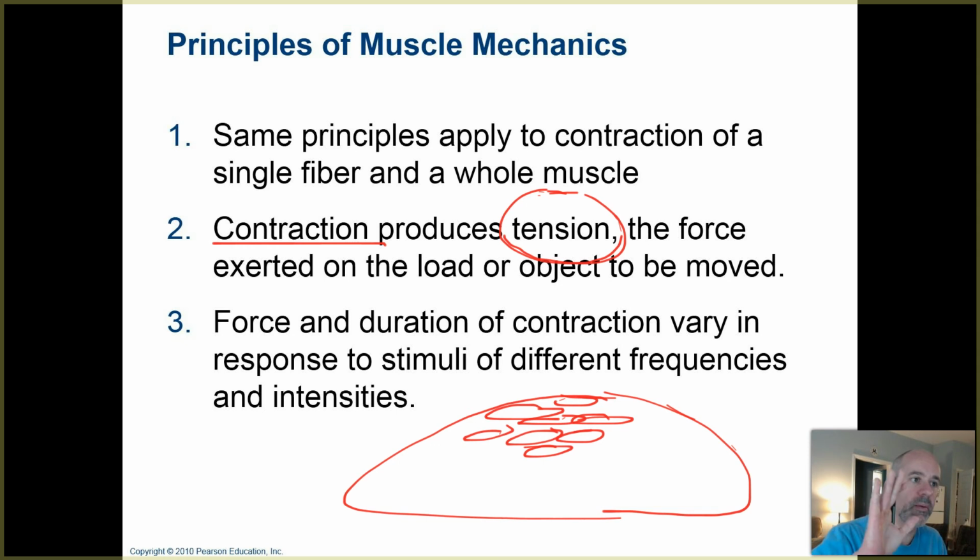So if you're using muscles that push, like your triceps muscles on the posterior side of the upper arm, as your triceps brachii muscles contract, the tension that they're generating is generating a force that you're using to push against something. Or let's say you were holding a dumbbell in your hand, your biceps brachii muscle in your upper arm contracts, and it's generating a force, which if that force is greater than the load that you're handling, then you're going to flex your elbow joint. You're going to be able to move that dumbbell up closer towards your upper arm.